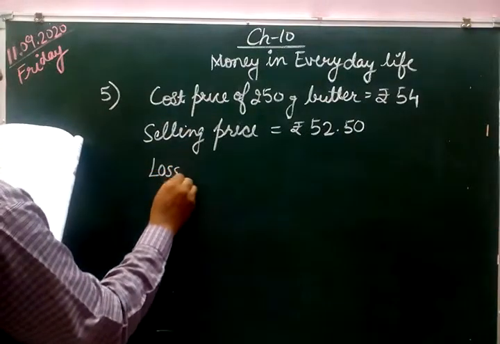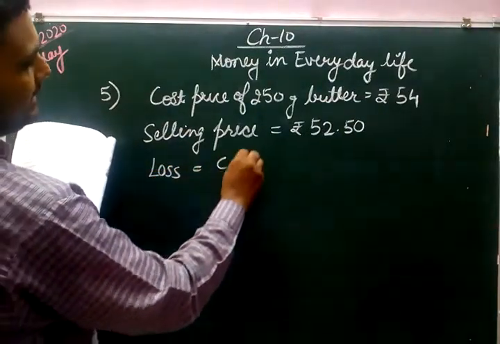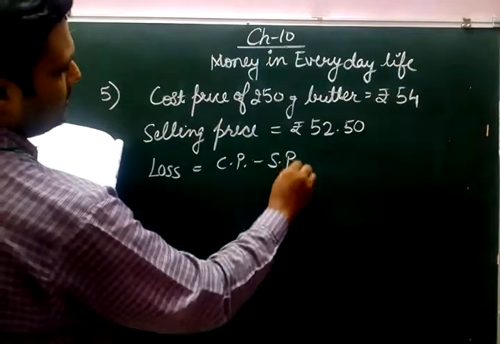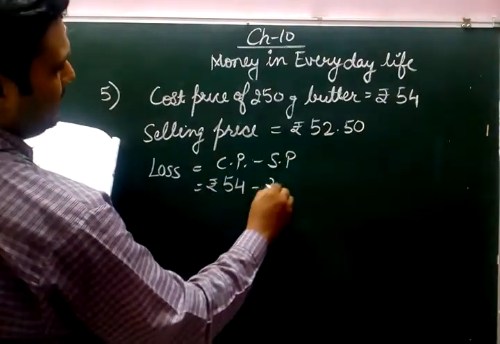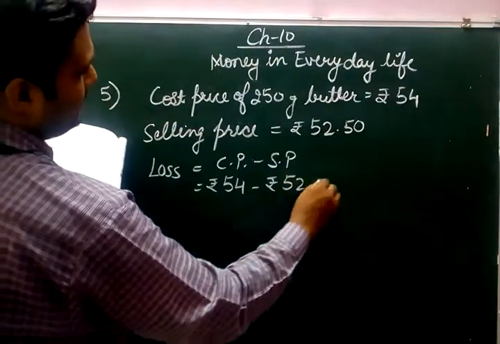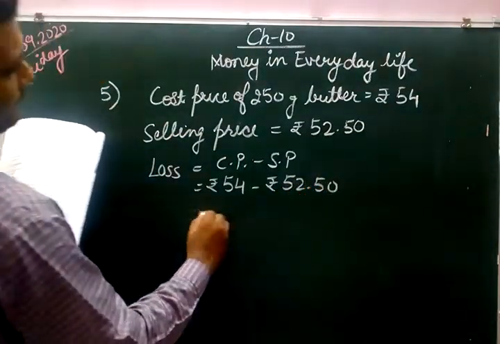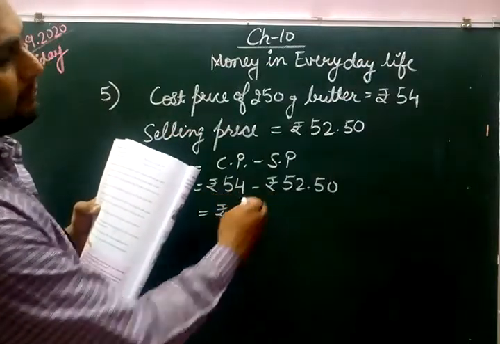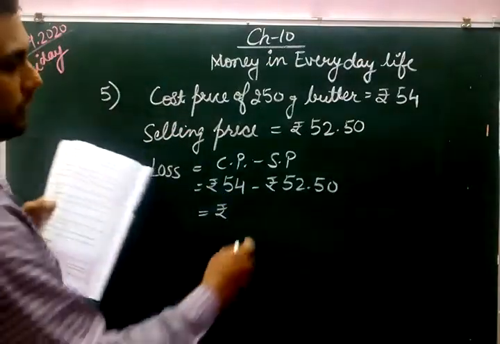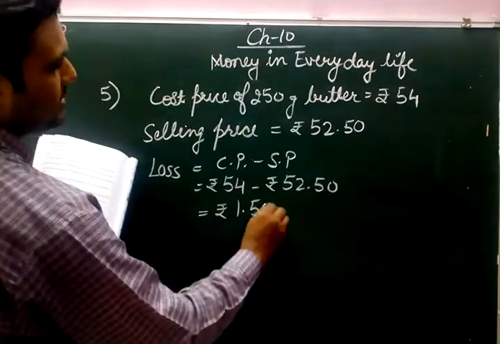Now we have a loss. When cost price is greater than selling price, we have a loss. Cost price rupees 54 minus selling price 52 rupees 50 paise. When you subtract, you get 1 rupee 50 paise loss.